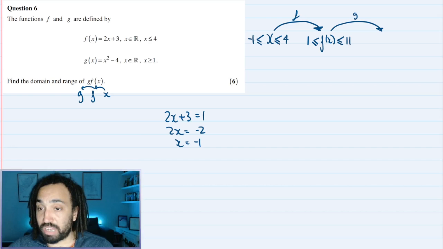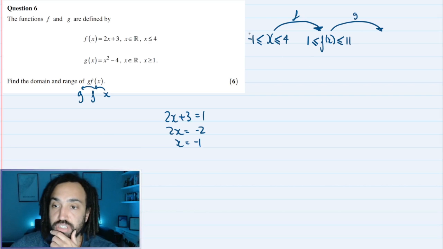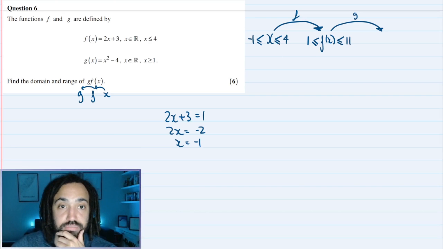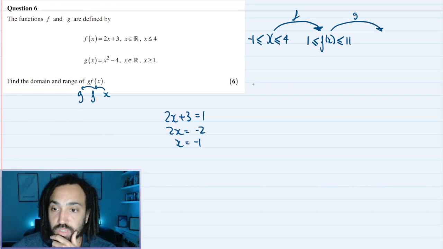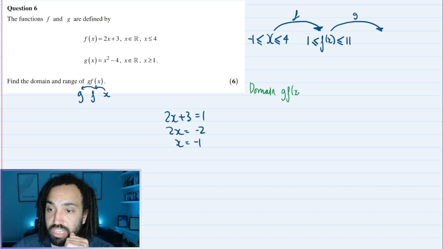So that bounding there gives this bounding here, which then allows g to be satisfied for greater than or equal to 1. Okay, so this is our domain. So we found that now. The domain of g of f of x is x between minus 1 and 4.